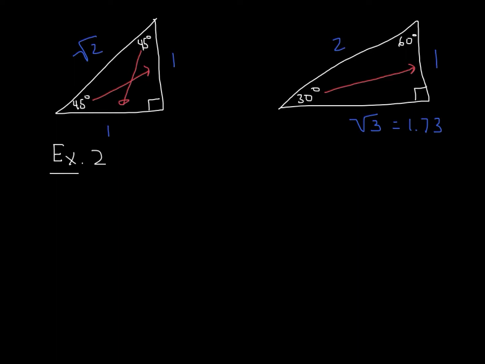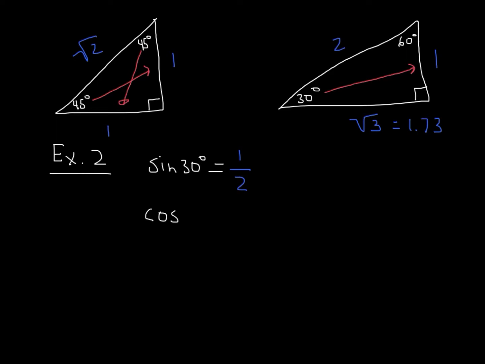It says find the 6 trig functions. Well, let's just start. We have sine of 30 degrees. And as we just said in the last slide, the sine, SOHCAHTOA, is equal to the opposite over the hypotenuse. Opposite is going to be 1, and the hypotenuse is going to be 2. All right, we're done with that one.